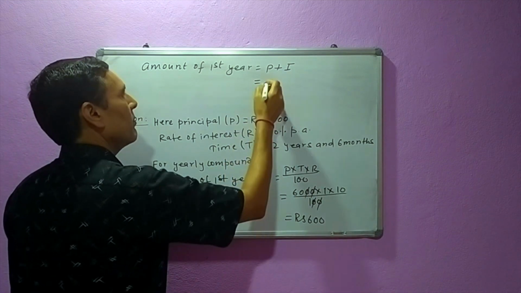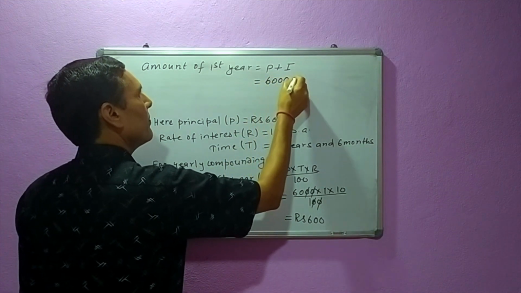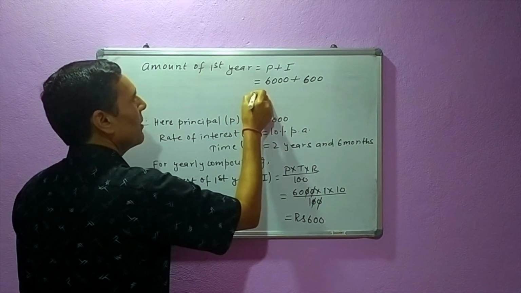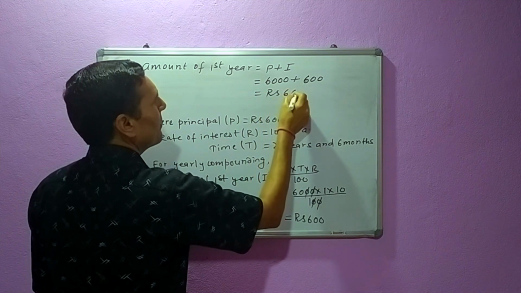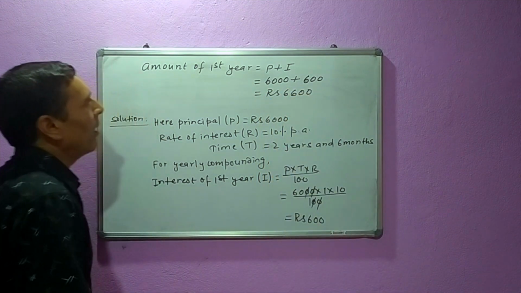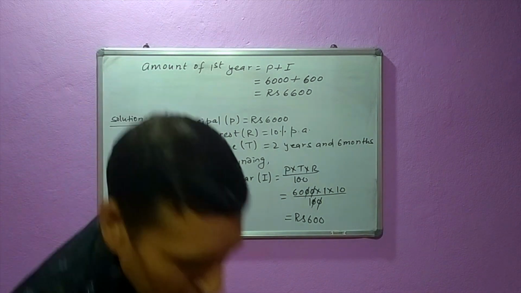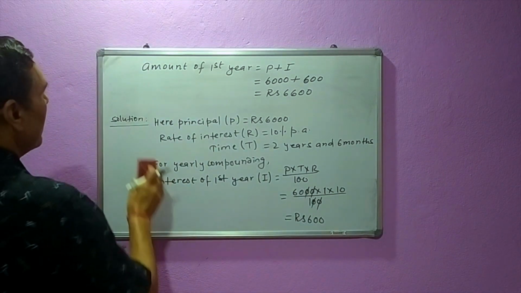For the first year, principal is rupees 6,000 and interest is rupees 600, so it becomes rupees 6,600. Now this amount becomes the principal for the second year.